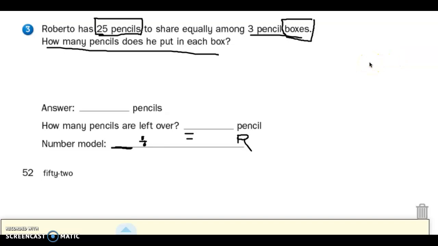Try your best to do this on your own. You can ask an adult if you need to, or if you send it to me, I will give you some more feedback. So, how many pencils can go into each box? How many are left over? The largest number divided by the other number you know gives you how many with the remainder or leftover of what? Okay, once you have completed this, go on to the math boxes video.